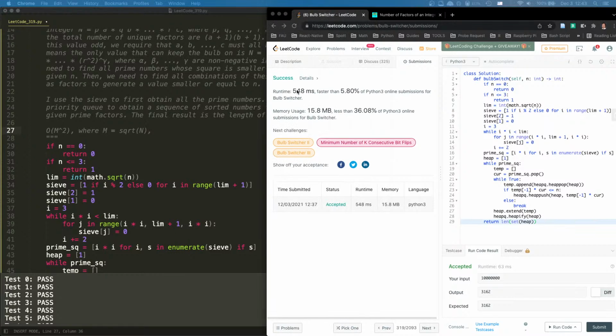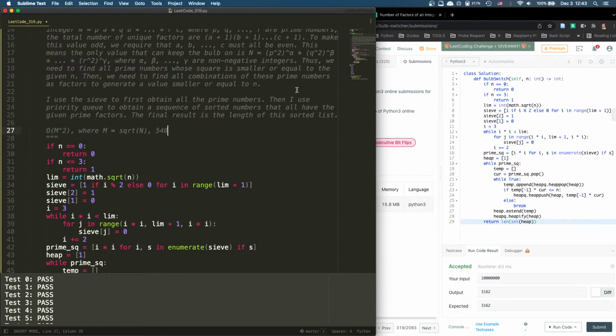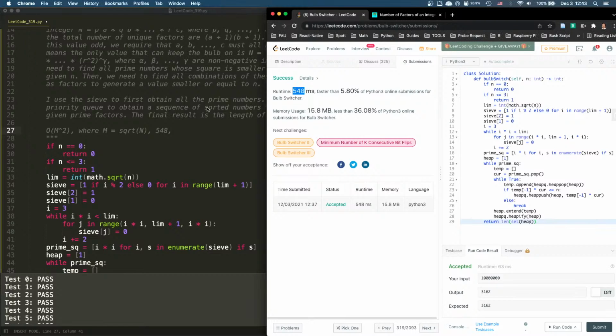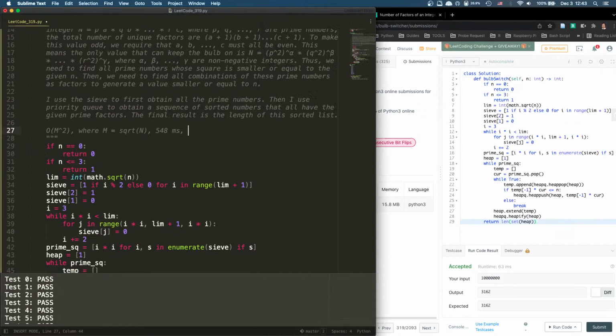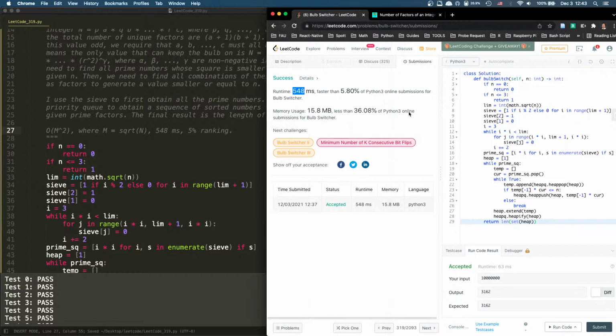Run at 548. This is a tough one. 5%. Oh, so bad. 5%. All right. 5 lines solution. Let's go.